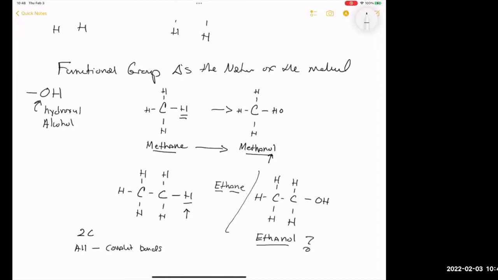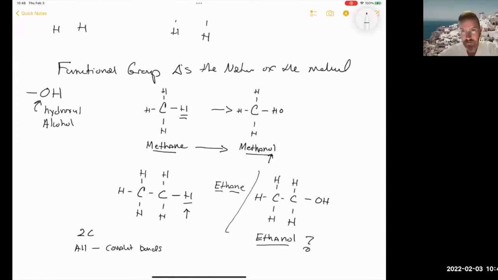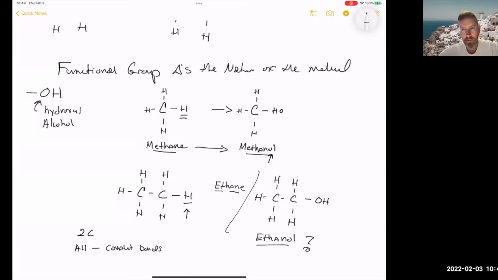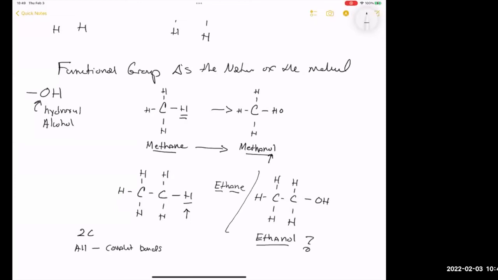So ethane is a colorless, odorless gas, but ethanol is what? Alcohol.